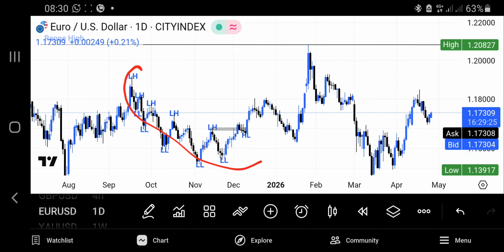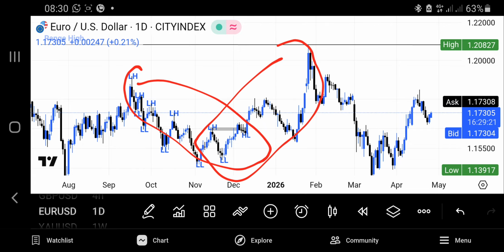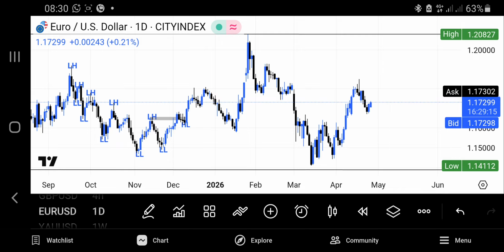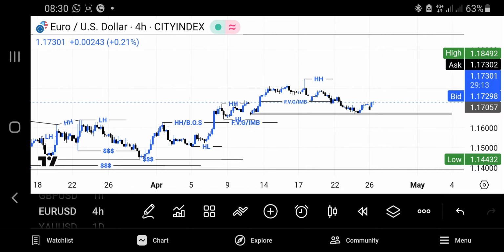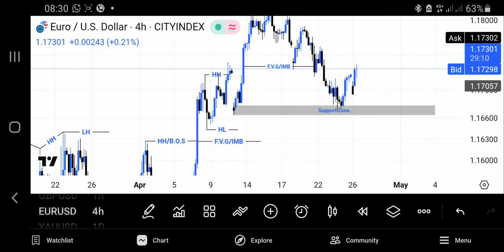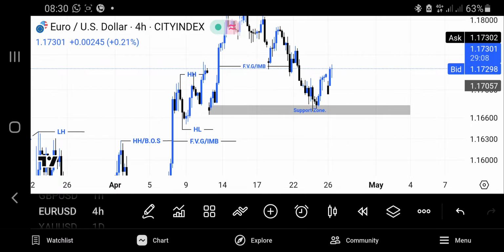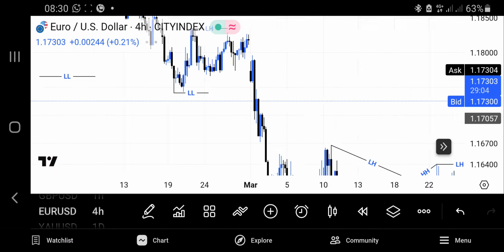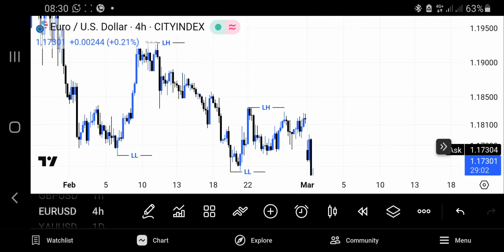It was bearish at a point. This is the point, and now it is bullish. Then became bearish. Now it is bullish. Just like I said, in the daily it was bearish.